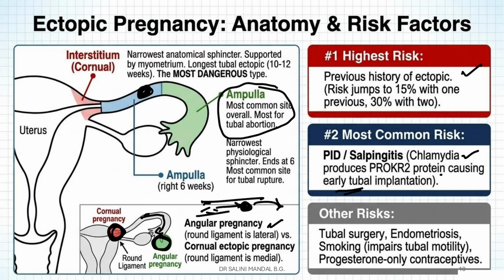Other risk factors are tubal surgery, endometriosis, and smoking, because smoking impairs tubal motility. Apart from that, progesterone-only contraceptive pills can also lead to an ectopic pregnancy.